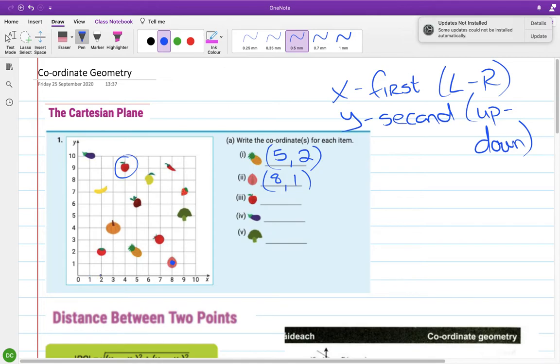Okay, so 1, 2, 3, 4, and then 1, 2, 3, 4, 5, 6, 7, 8, 9. Okay, next we are over here. So starting here, I just go 1 to the right, and then I go 1, 2, 3, 4, 5, 6, 7, 8, 9, 10 up.